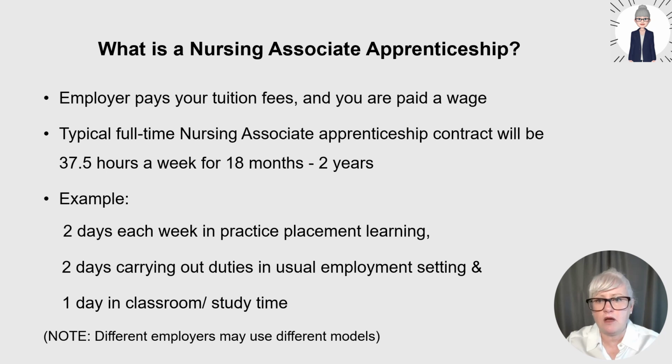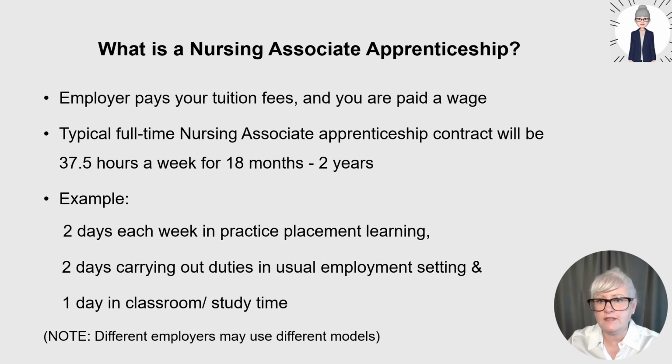A typical example apprenticeship might be 2 days a week in practice learning in placement, where you should be supernumerary. That means that you're not in the rota numbers. 2 days you're a student, a trainee nursing associate on those days. And then you have 2 days carrying out your normal duties in your usual employment setting, and you're in the staffing numbers then.